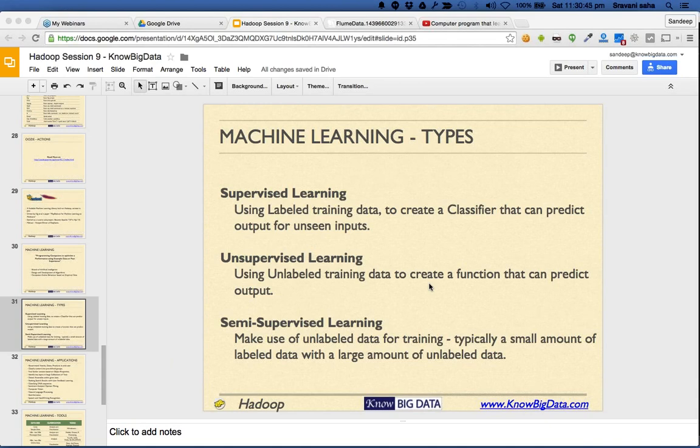Similarly, we give the characteristics of the whole lot of species. Then we tell the computer to please create a hierarchy tree out of it, such that two nodes which are children of the same parent are very close to each other.